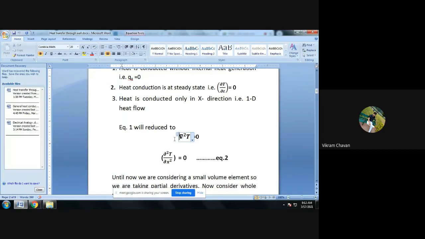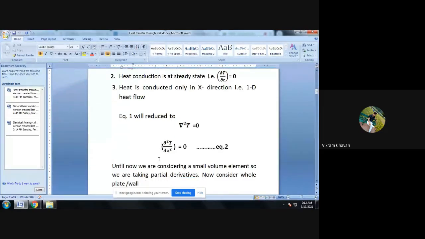Here we consider that heat is flowing only in the x direction, so the temperature change with respect to y and with respect to z is equal to 0. So our derivation reduces to d square T divided by dx square is equal to 0. That will be equation number 2.